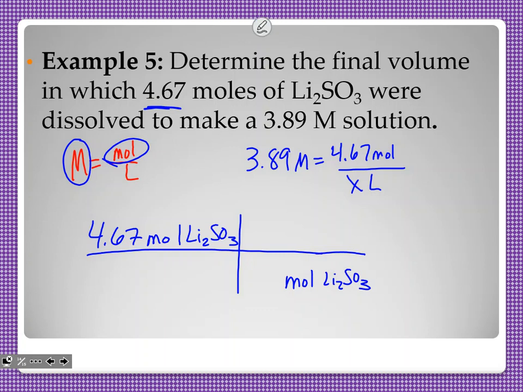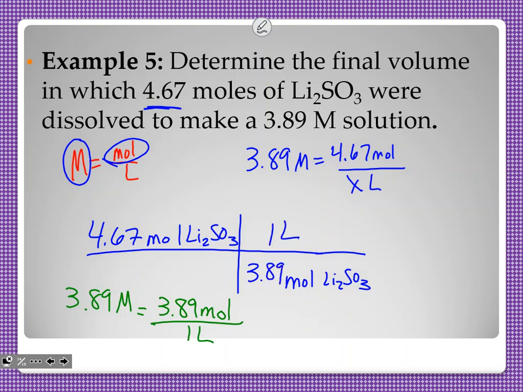And guess what this 3.89 M means? That means 3.89 moles over 1 liter. So I can use that as a conversion factor. That means I can put my 3.89 on the bottom, put my 1 liter on the top.